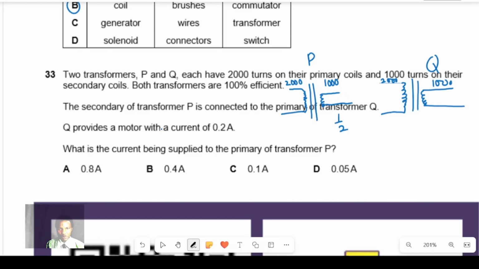Q produces the current, which is 0.2 ampere. When it now comes here, this current reduces to 0.1 ampere. And then when it comes here, it reduces to 0.05 ampere. So the answer here is D.